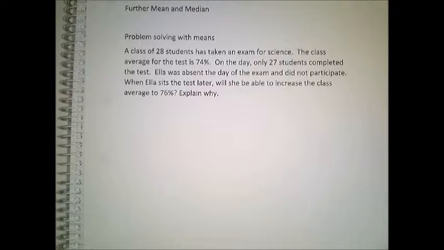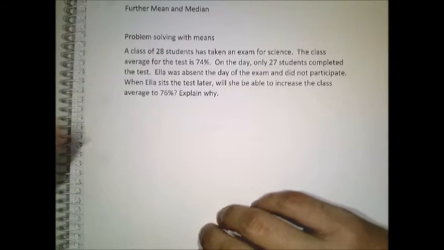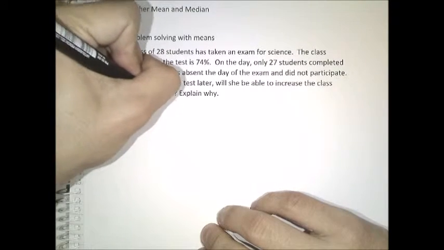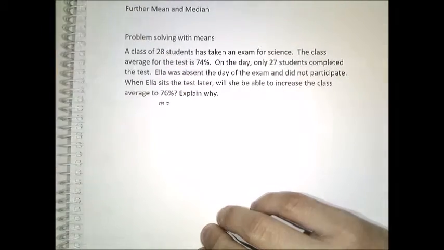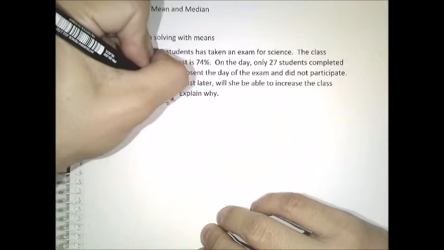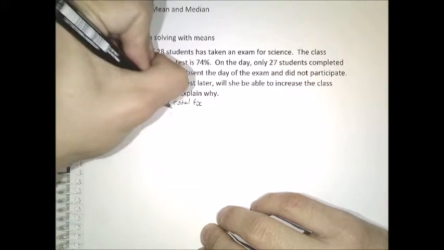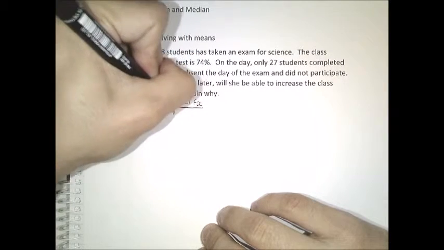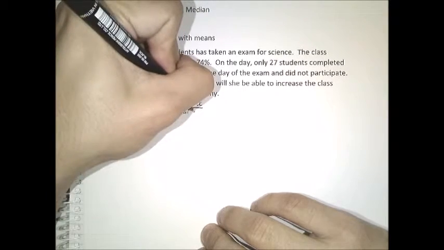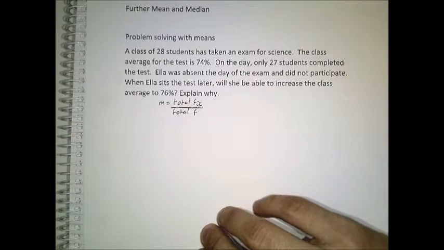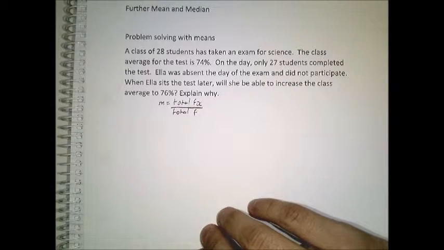Now, this question requires us to use our knowledge of the mean formula and pretty much just plug in numbers that we do know to find numbers that are still unknown. So we know that our mean formula is mean is equal to the total fx over our total frequency. So what we can do is substitute in values that we do know.